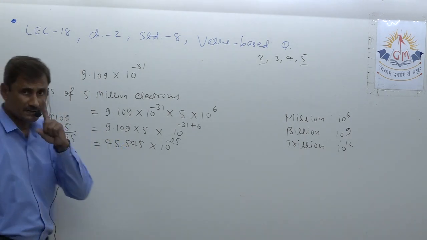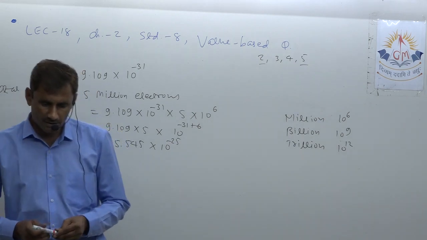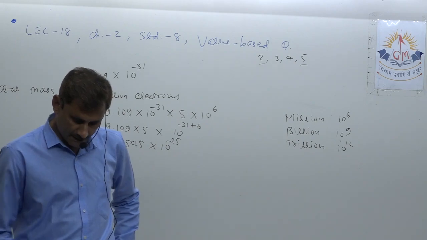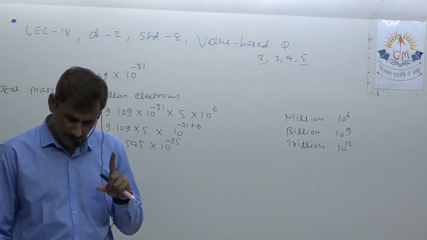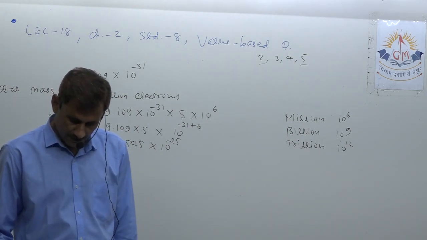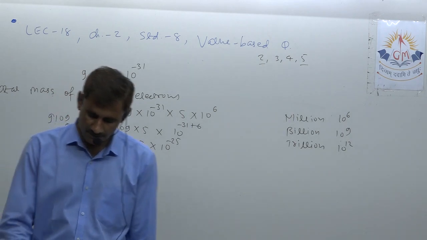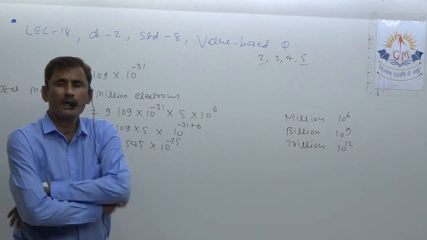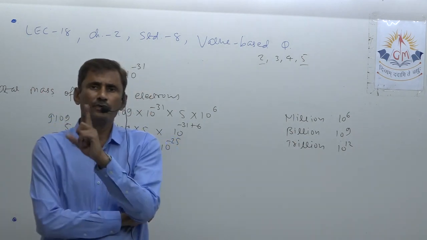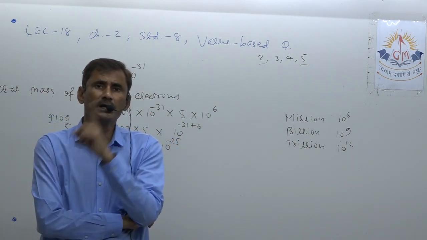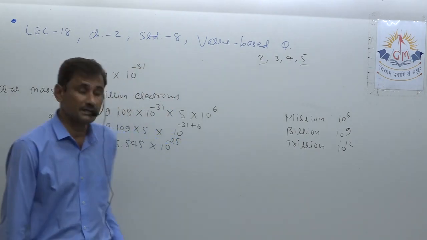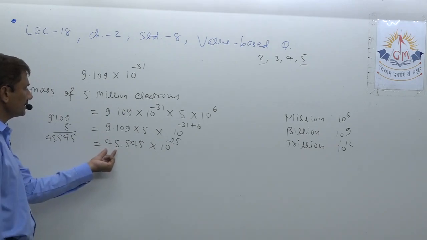I already explained once, when we came across this type of question in the exercise, page number 45, fill in the blank 6. Standard form of any number means exactly one digit should be there at the integer part, before the point. Here 2 digits are there.